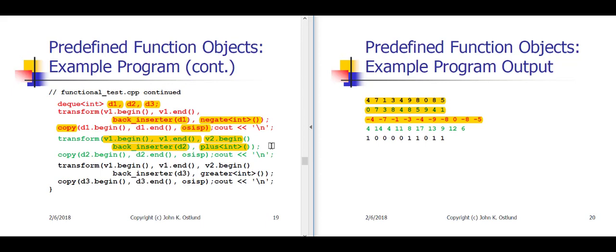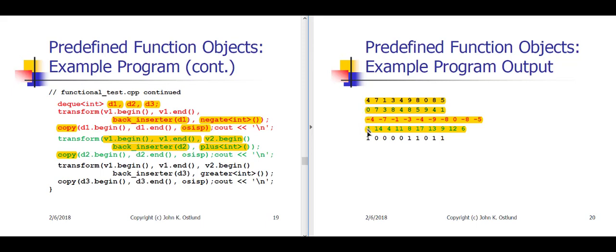And so if I look at the contents of d2 coming from this copy, what I see is that d2 contains the sum of the respective elements of v1 and v2.